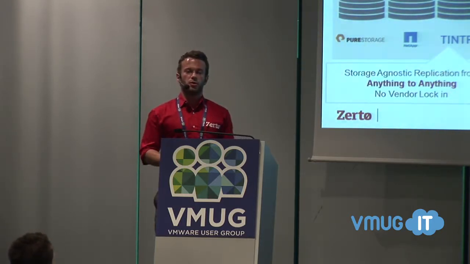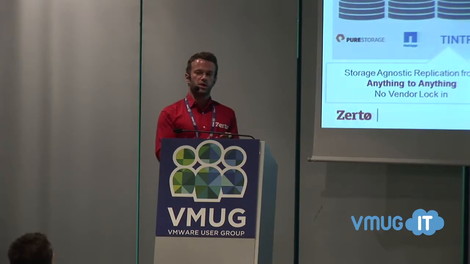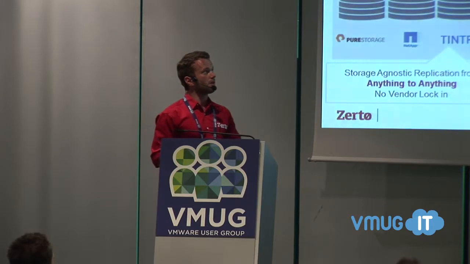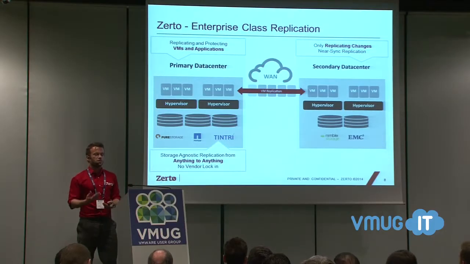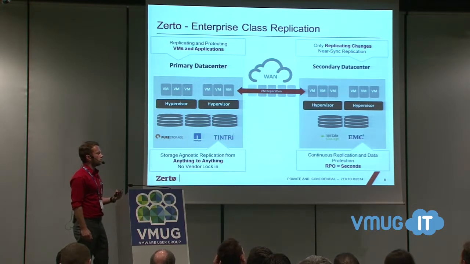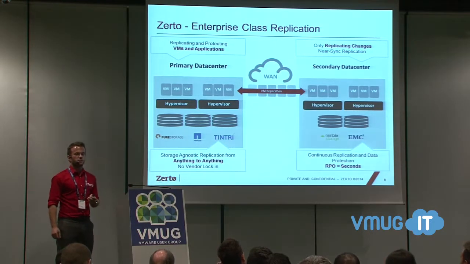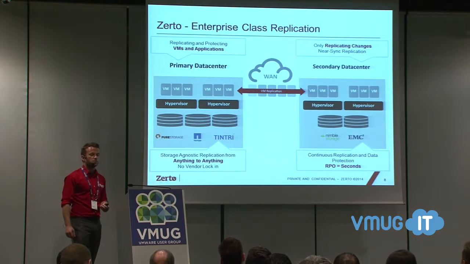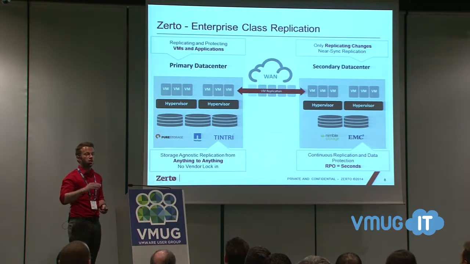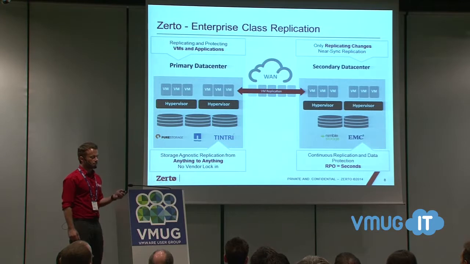But most importantly, it's removing the complexity out of configuring and managing the replication on a storage and LUN basis and just allowing you to select those virtual machines. We only replicate the changes, and we replicate them continuously, which gives you a real-time recovery point objective of just seconds. So the most amount of data you can lose with Zerto replication is typically 10 seconds or less, just using our software in the hypervisor.